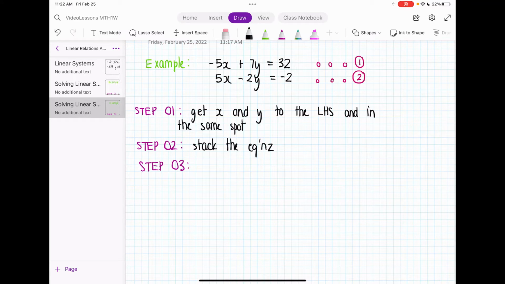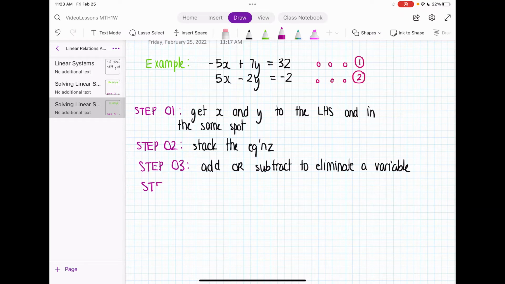And then step three is add or subtract to eliminate a variable. And then you will solve.